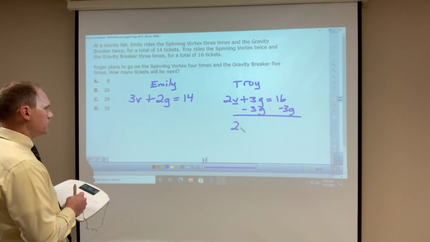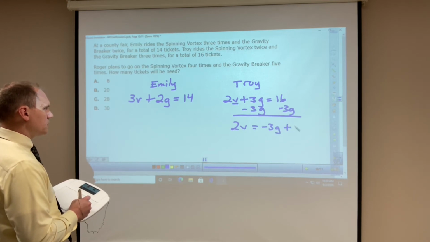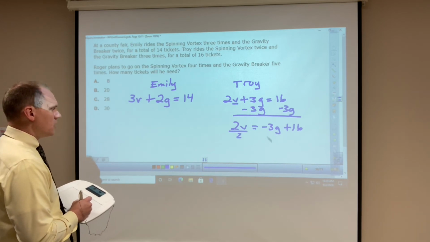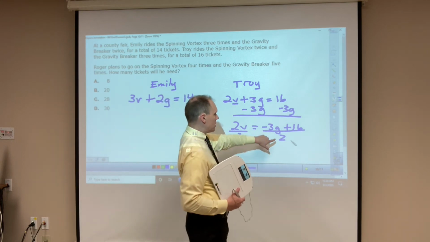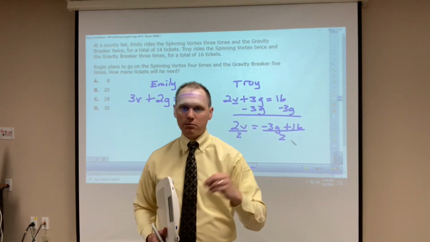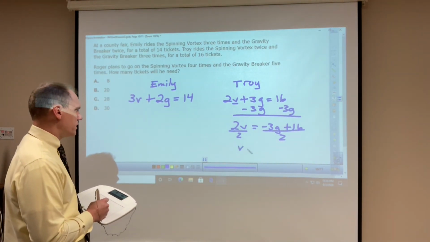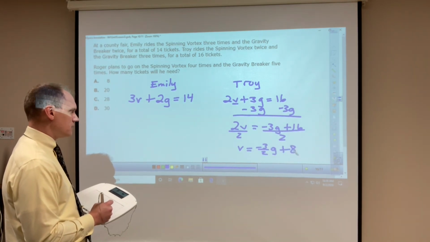So it's going to give us 2V is equal to negative 3G plus 16. And then divide both sides by 2. So I'm dividing the whole left side and the whole right side by 2. And because of that, when we divide a fraction, we can actually divide both terms by 2. So over on the left, we're going to get V equals, and then negative 3 divided by 2, G plus 8.